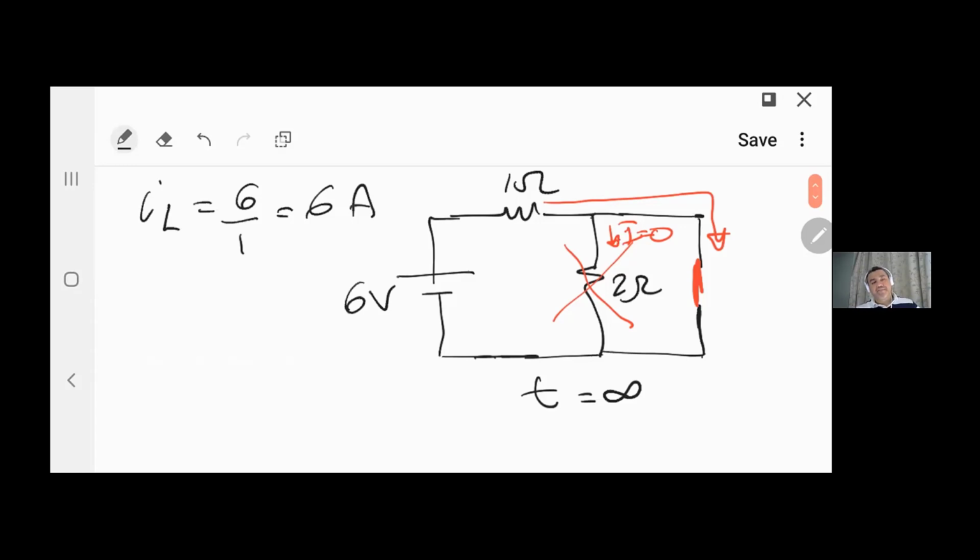Is this clear? I look at the value of the current before the switching, and I equate it to the value of the current in the inductor right after the switching. If you recall in the previous question, when the switch was open, at the moment t equals 0 minus, the current in the inductor was 0.